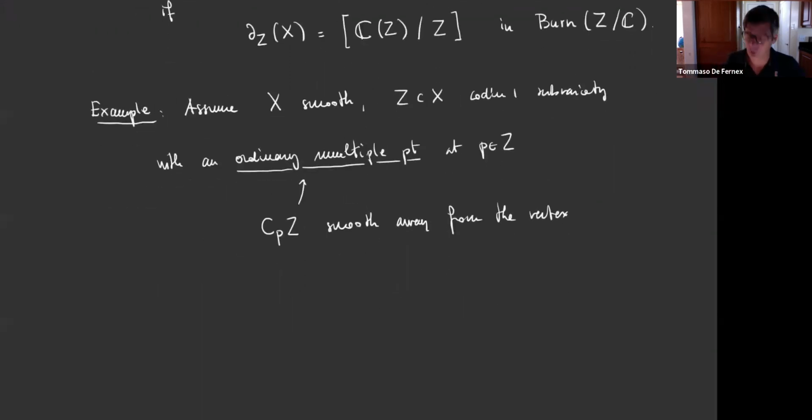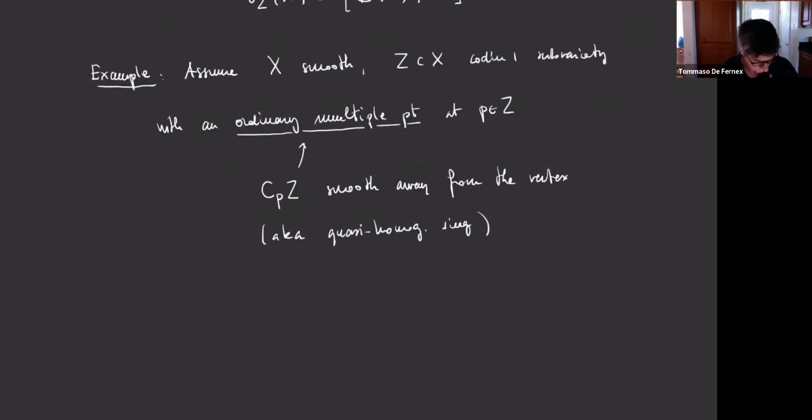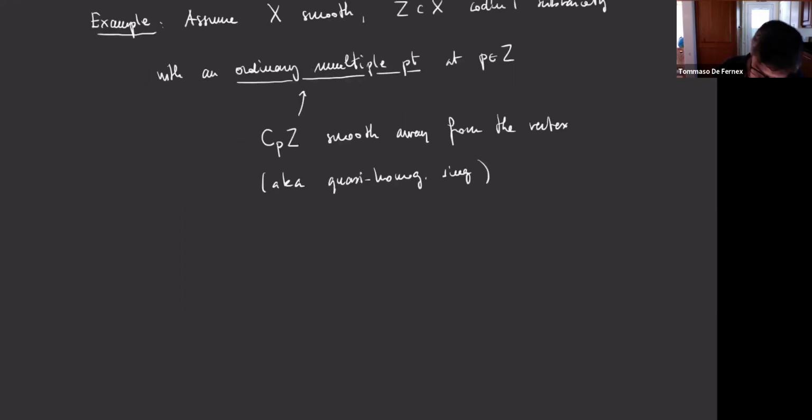So I think the technical term for this point is also known as quasi-homogeneous singularities. In fact, I don't know how standard the terminology ordinary multiple point is. So what do we have in this situation?